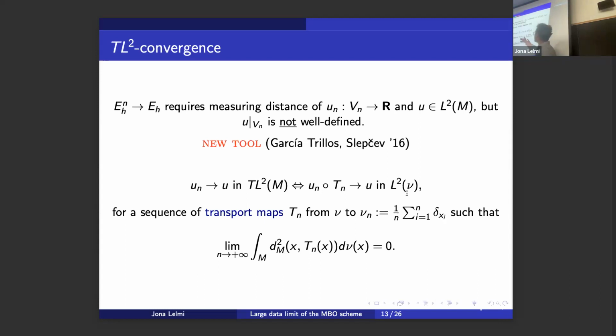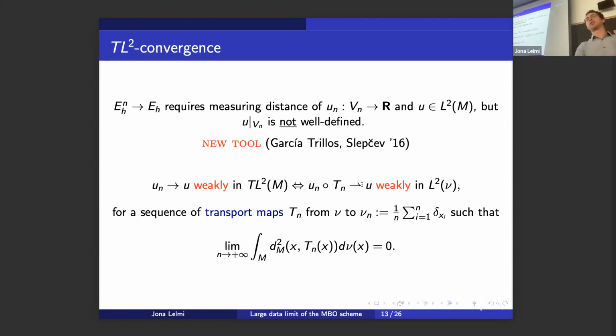Essentially, what I'm saying here is that the empirical measures must converge to nu in the Wasserstein sense, plus you have to have this L2 convergence here. For us, the notion is not TL2 convergence, but weak TL2 convergence, which is just a modification in which you say that everything converges in weak TL2 if this convergence here is weak in L2. So it's not a big difference.